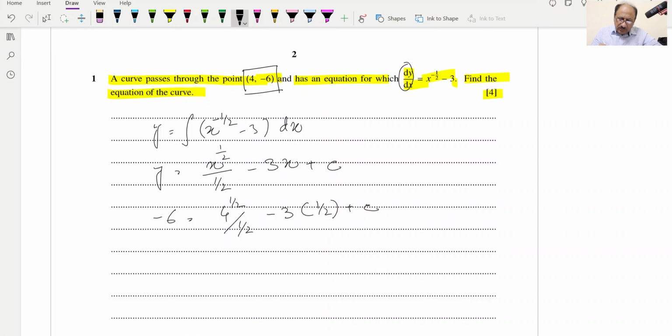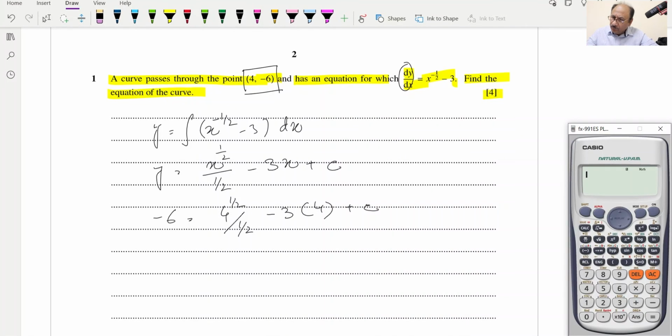Solving this with the calculator, it gives 4 raised to the power 1/2 divided by 1/2, and next is minus 12, so minus 12 when this is equal to minus 8.